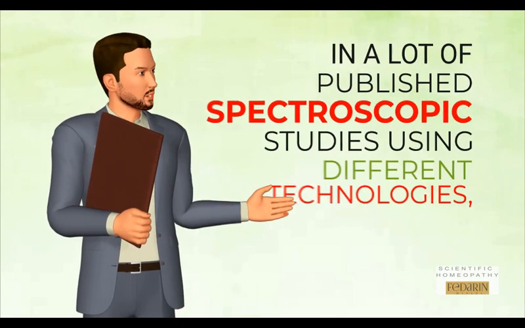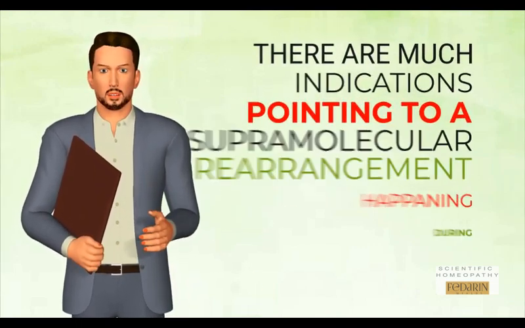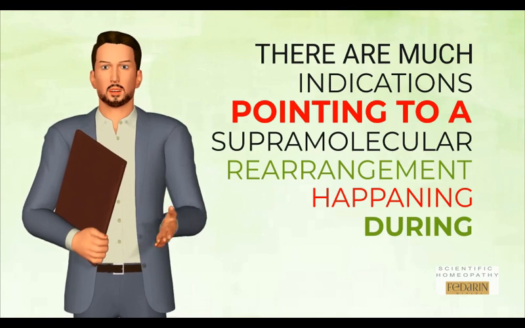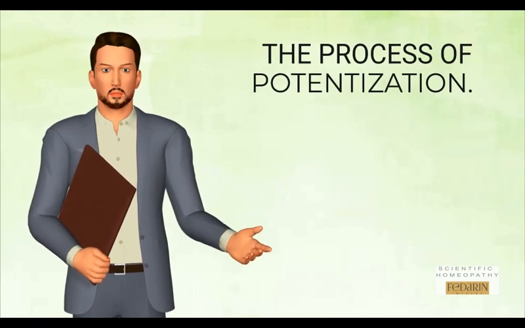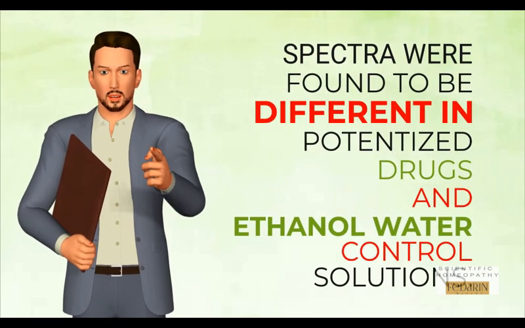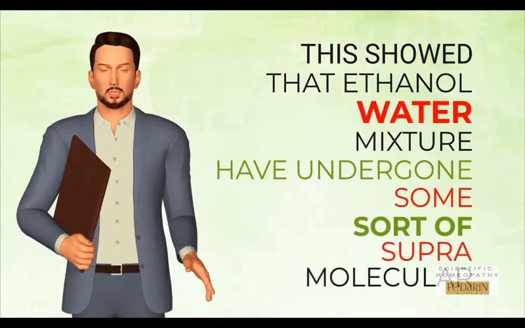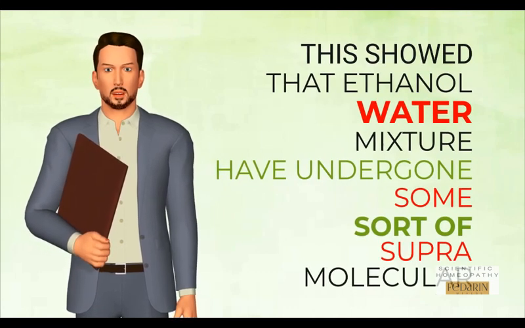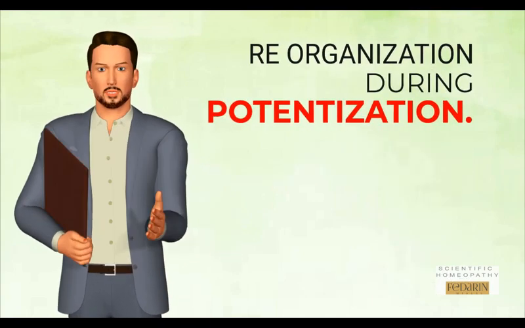In a lot of published spectroscopic studies using different technologies, there are many indications pointing to a supramolecular rearrangement happening during the process of potentization. Spectra were found to be different in potentized drugs and ethanol-water control solutions. This showed that the ethanol-water mixture has undergone some sort of supramolecular clustering and reorganization during potentization.